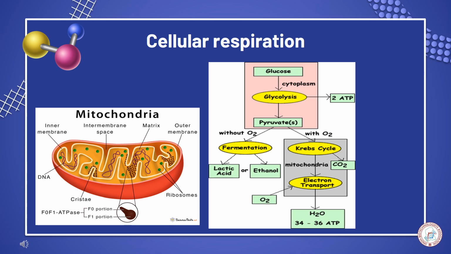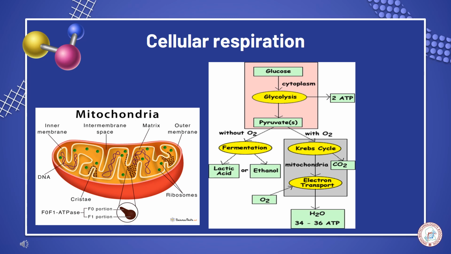As you can see in the slide, I have mentioned one of the very essential fuels used by our cells, glucose, which is converted into pyruvate by a process known as glycolysis.